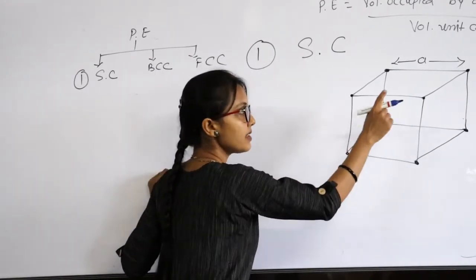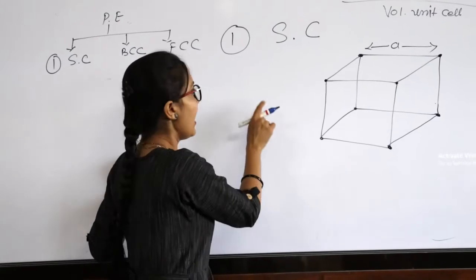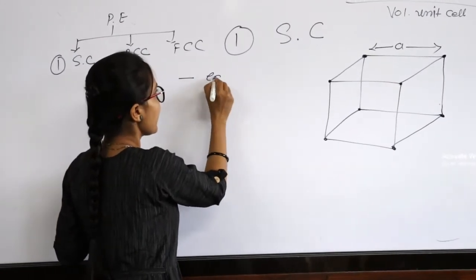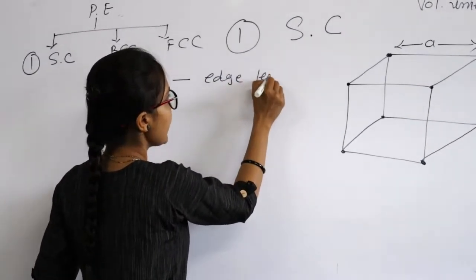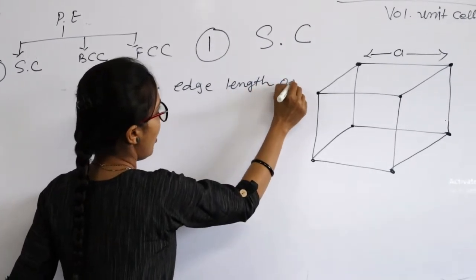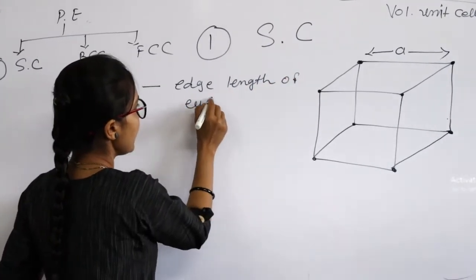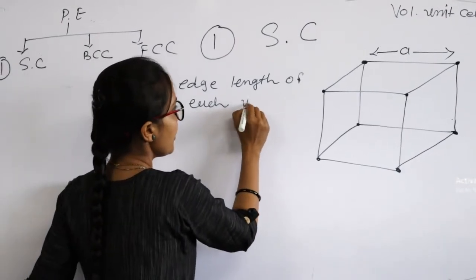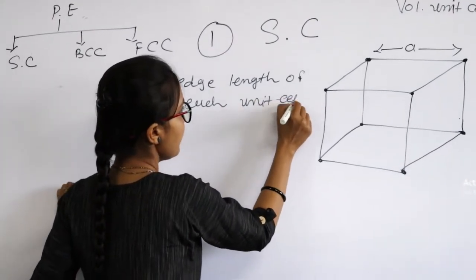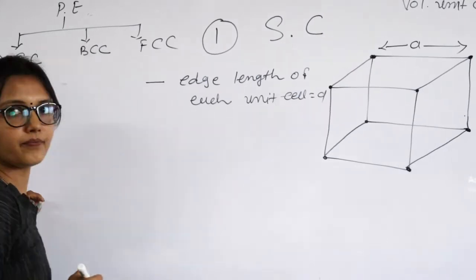This is a figure, and the first step is the edge length of each unit cell is equal to small a.